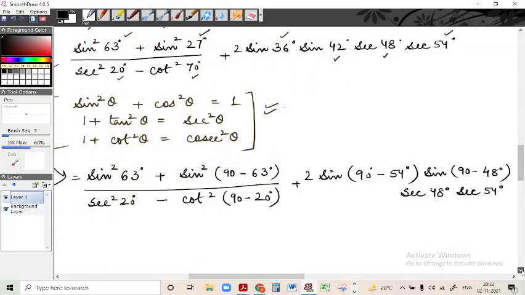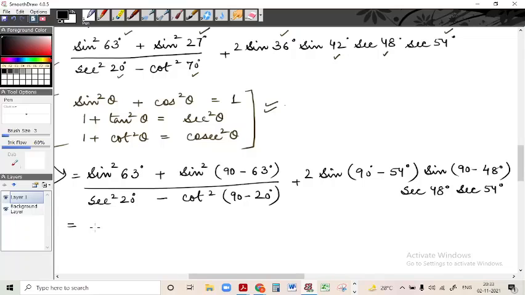So this is equal to, as per our formula, sine square 63 will remain as it is, plus sine square (90 minus 63), that is cos, sorry, this is our sine, this is cos square 63, upon sec square 20 degree minus cot (90 minus theta).